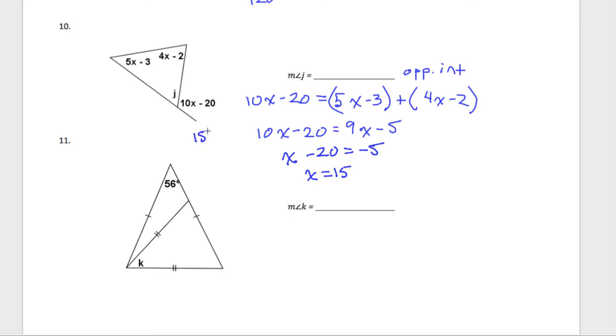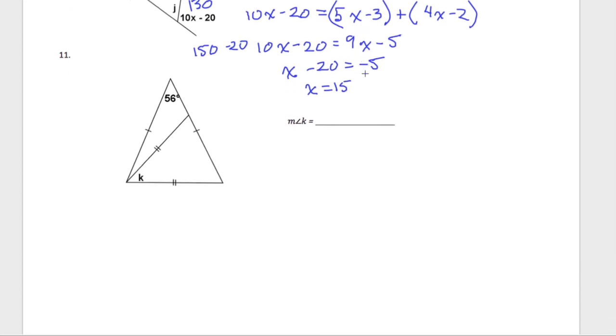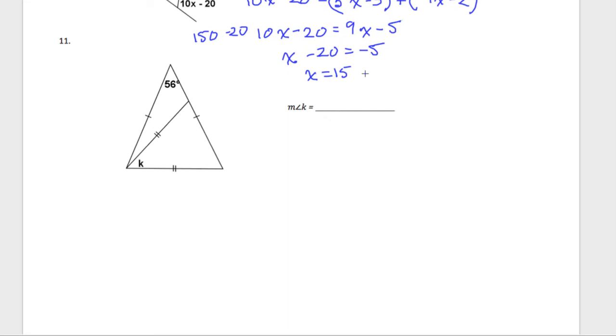So it's going to be 150 minus 20, or this angle right here is 130. Then I do 180 minus 130, and the reason I'm using that is that linear pair is supplementary, and that's going to be 50 degrees. Alright, we're almost there. Go ahead and pause me and do number 11.